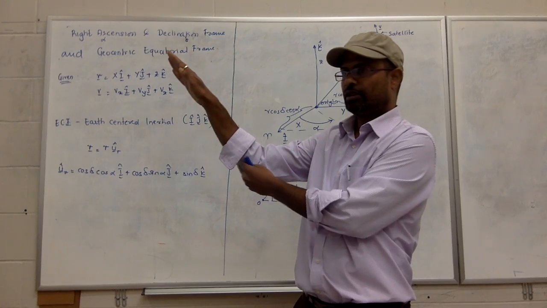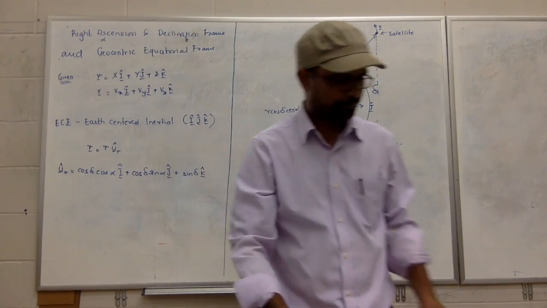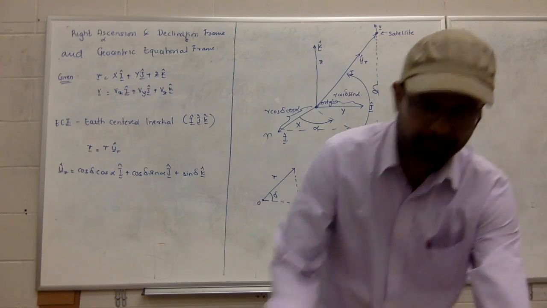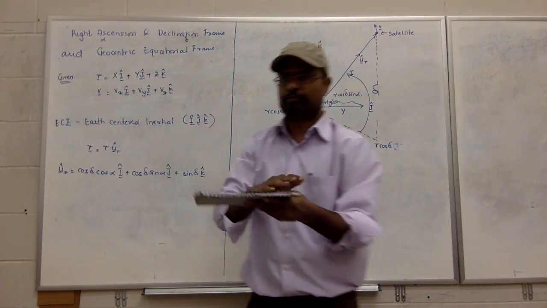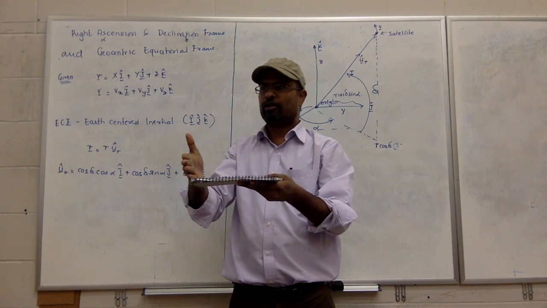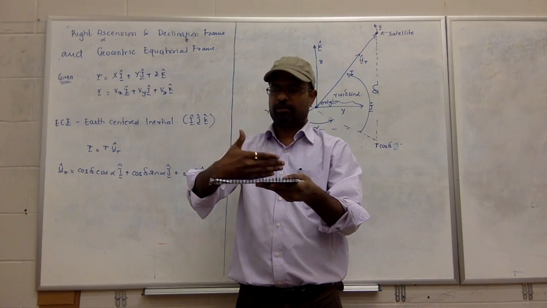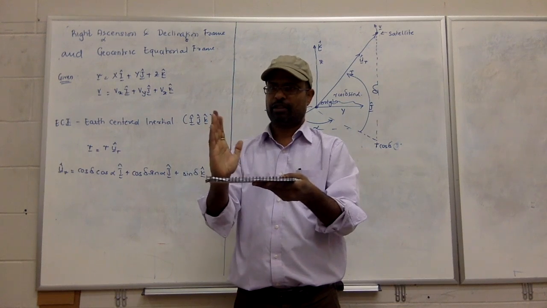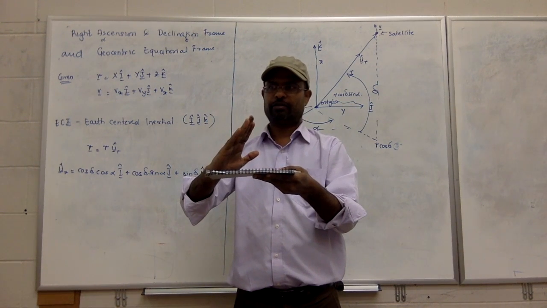This is the plane, right? This is your I, J, K. Your R is like this. You get it?